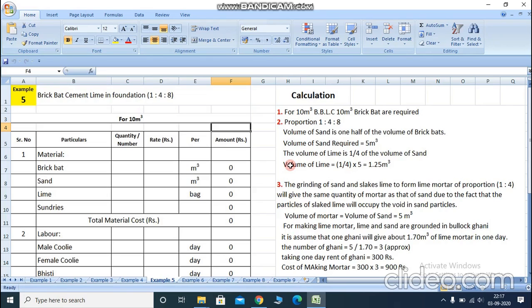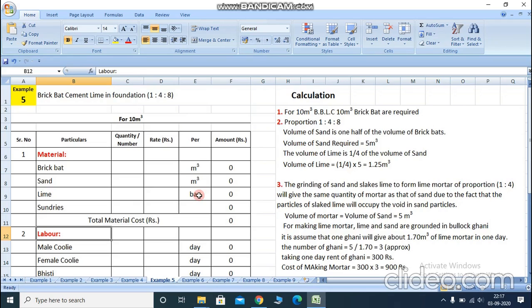Rate analysis example number 5, brick bat lime concrete in a foundation. The ratio is given as 1:4:8. In a rate analysis we include the material cost plus labor cost, and then we add water charges plus contractor profit.